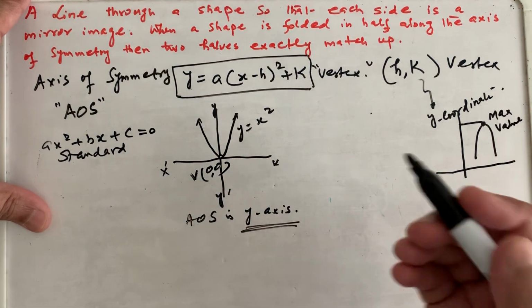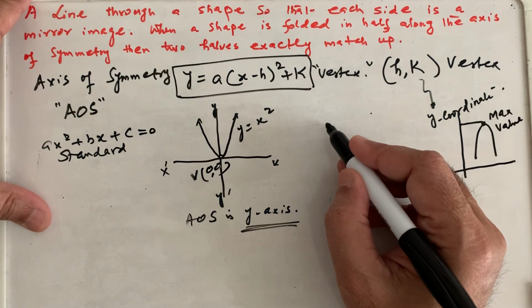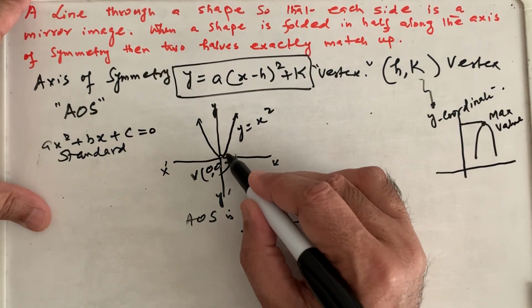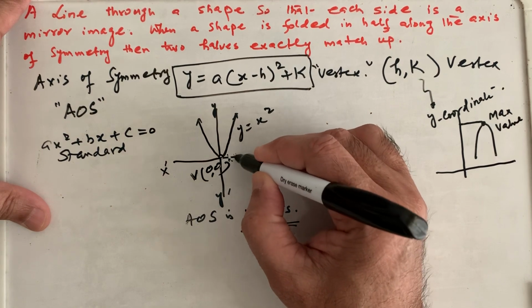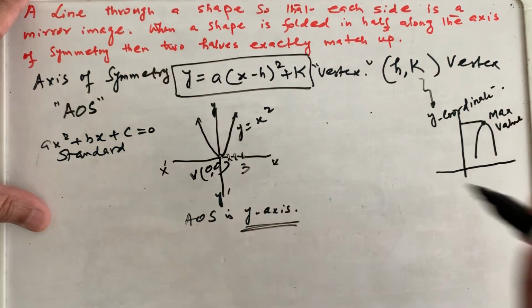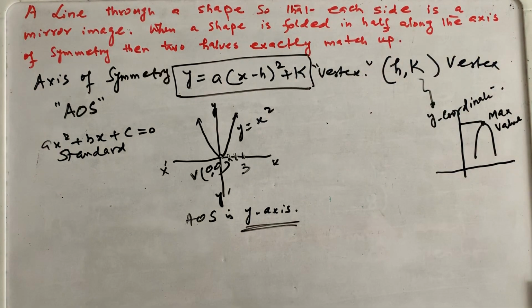Now let's see another example. Suppose the parabola is translated along the x-axis by 1, 2, 3, that is 3 units. Now my parabola is translated 3 units to the right on the x-axis.